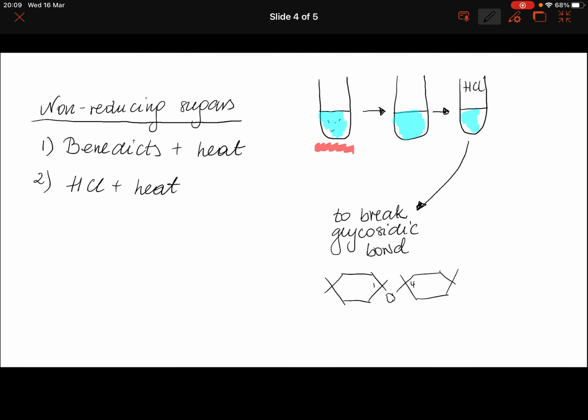So carbon 1, carbon 4. By adding hydrochloric acid, we have changed the pH of our solution, it becomes acidic. So now we want to neutralize our solution, and to do so, we're going to use sodium hydrogen carbonate.